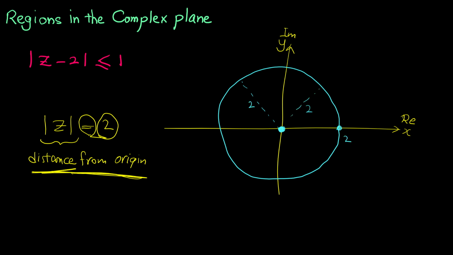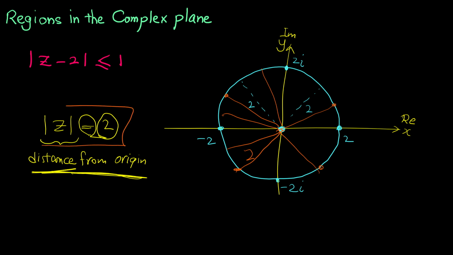And of course here is 2, here is negative 2, here is y equal 2, or 2i if we suppose it's the imaginary axis, and here is negative 2i. Based on the definition of a circle, every point you consider on this circle, its distance from the origin is exactly 2 units.